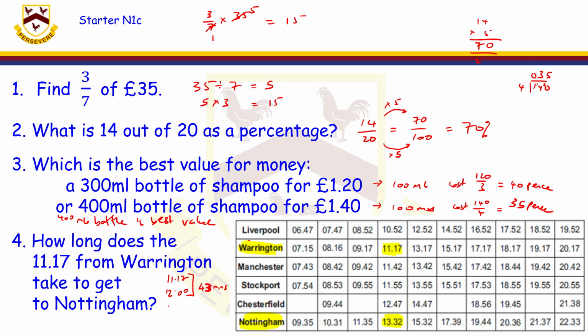And then from 12 till 1300 hours, that's 1 hour. And then from 1300 to 1332, it's 32 minutes. Giving us a total of 2 hours and 15 minutes.